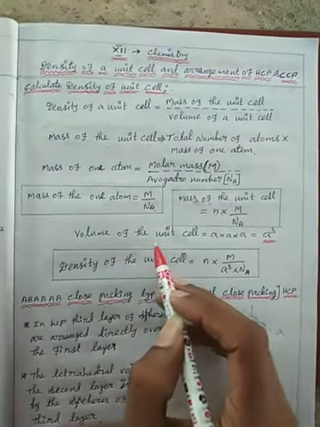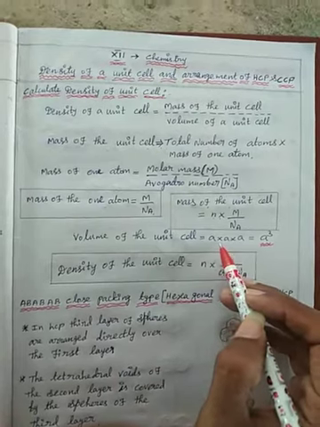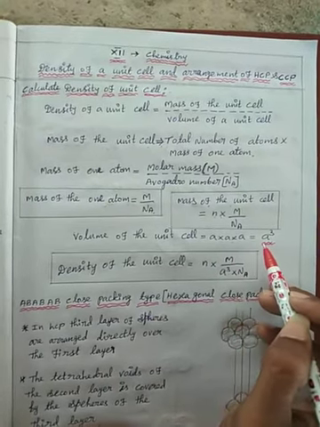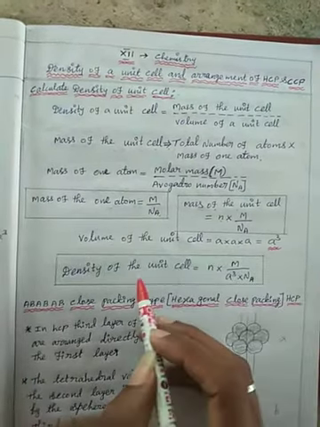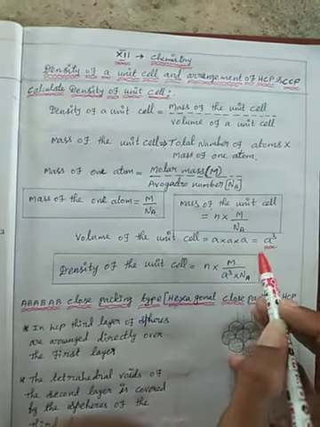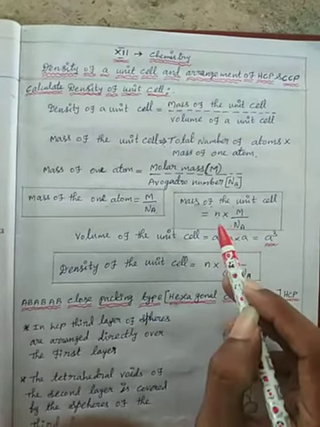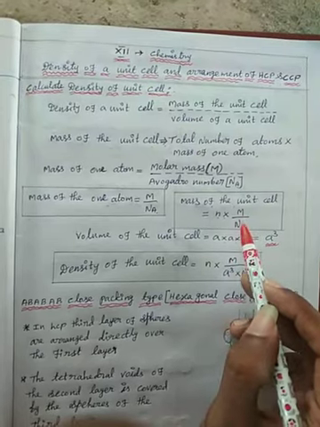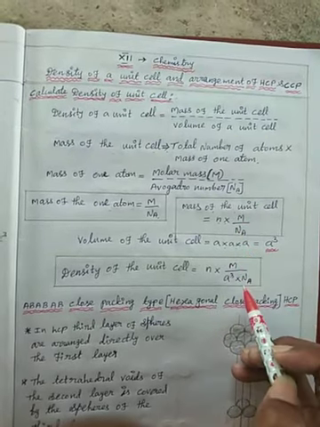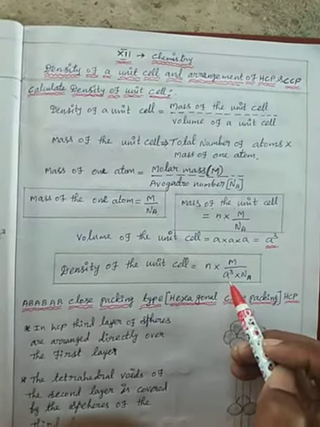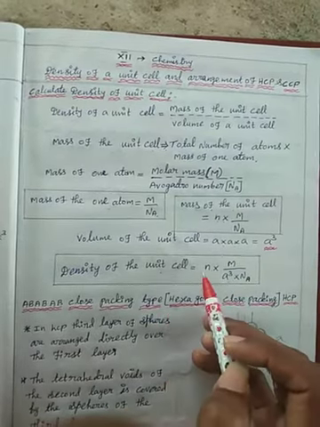The volume of the unit cell is a cubed. So the density of the unit cell equals Z times molar mass, divided by a cubed times Avogadro number.